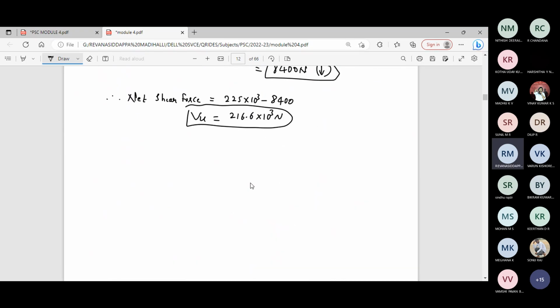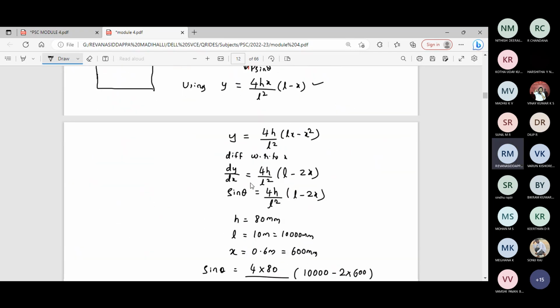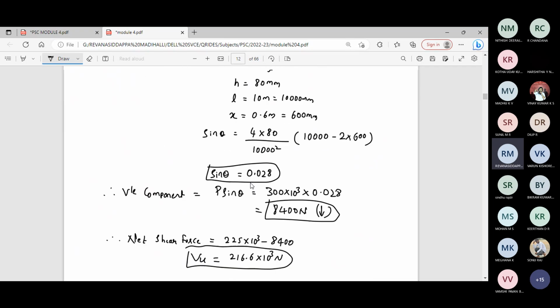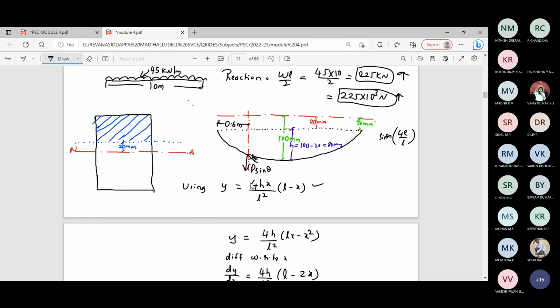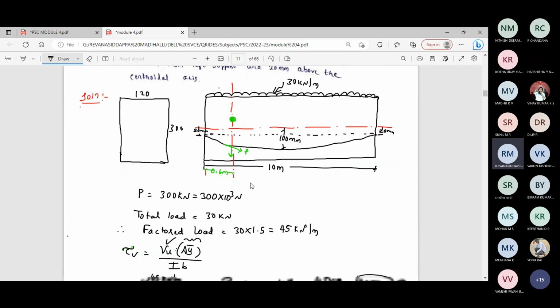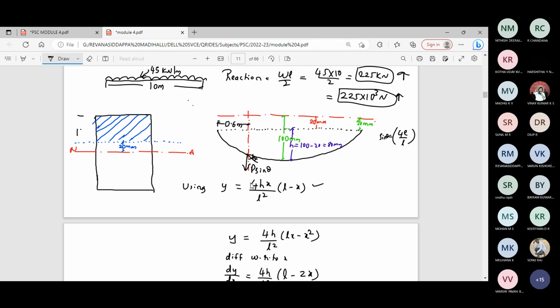Static moment of area, correct? Ay bar is equal to, see, refer this figure, students. Here the total height will be, neutral axis will be half of the total length, 150. So 150 minus 20 means how much? It will be 130.